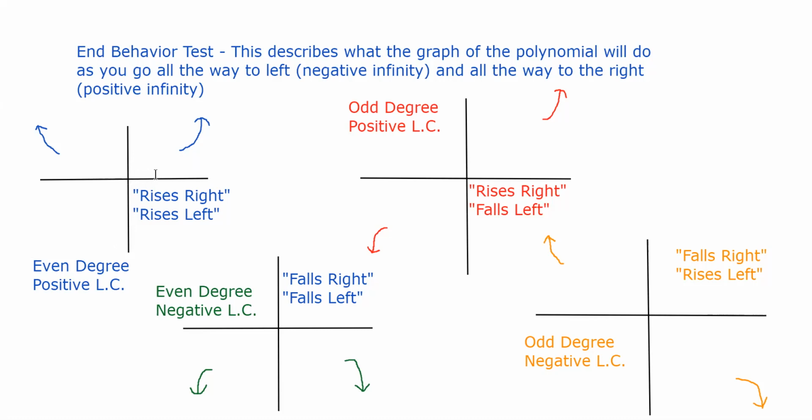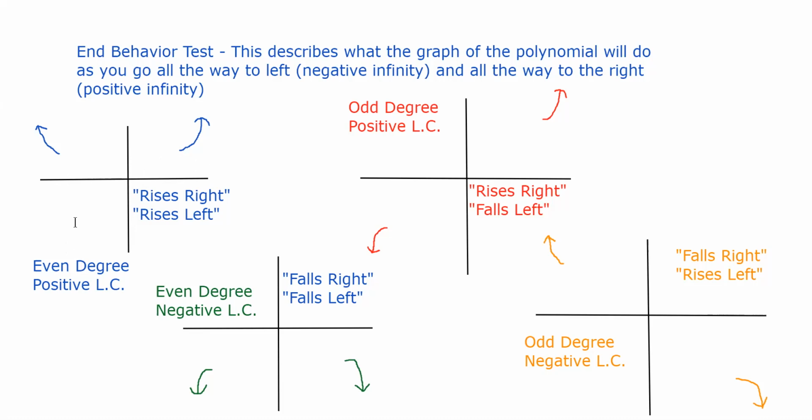As I go to positive infinity along the x-axis, as I go to the right, if I have an even degree, I'm taking these x values and they're getting larger and larger. They're being raised to an even power, so then they're getting even larger. And then it's a positive lead coefficient, so the numbers are staying positive. As I go to the left on the x-axis, since it's an even degree, we'll think about what a second power does.